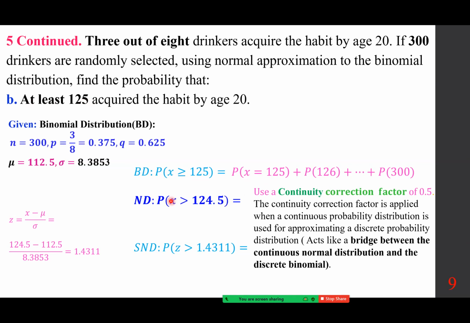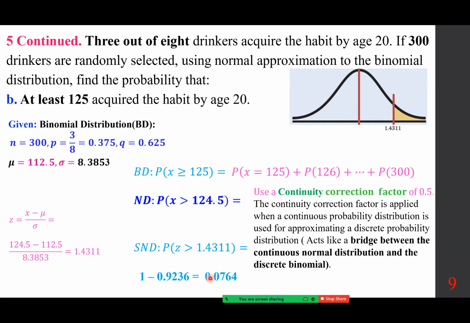Then we go from x to z, SND, and at this point you can use technology, table, you name it. And the graph is always a very good idea. You can look this up from the table, and it shows the area to the left. You subtract it from 1, and it becomes 0.0764 if you use the table. And again, you can always use technology.